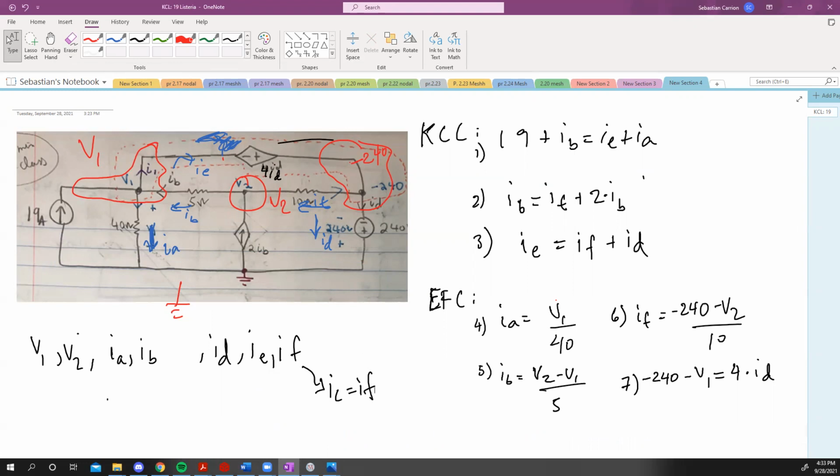Then you plug I1 in here, so negative 19. It's a long equation. All right. So you're trying to combine those two nodes.